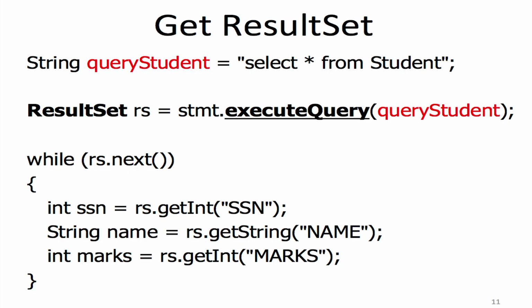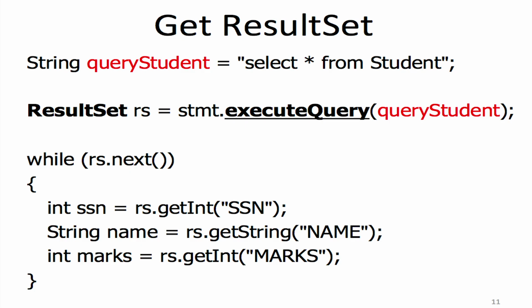And the third line, rs.getInt(marks). Marks is again integer type. You can see here 90 and 95 are both integers. So again we write rs.getInt(marks), and it will be stored in the integer marks variable.